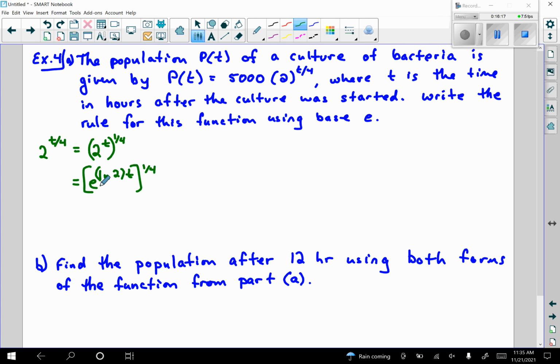So I'm going to go ahead and explain this. We're applying the property here that e to the natural log of b times t is just equal to b to the power of t.